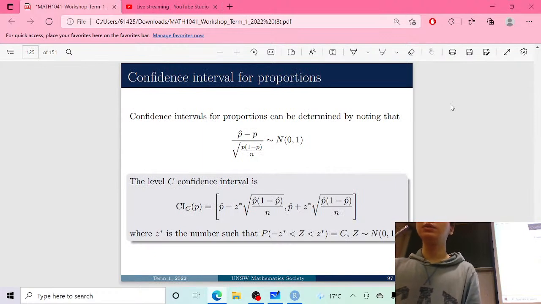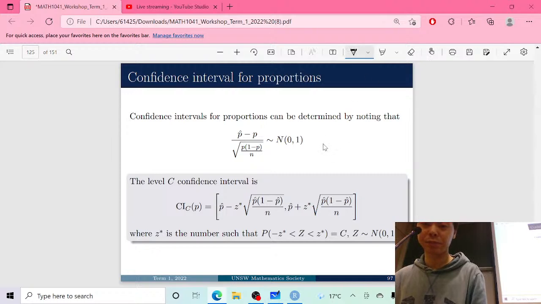So in doing that, we can also compute the confidence interval for proportions. So remember that we can standardize your proportion here. Remember that p hat here follows a binomial distribution with mean p and with standard deviation the square root of p times 1 minus p divided by n.